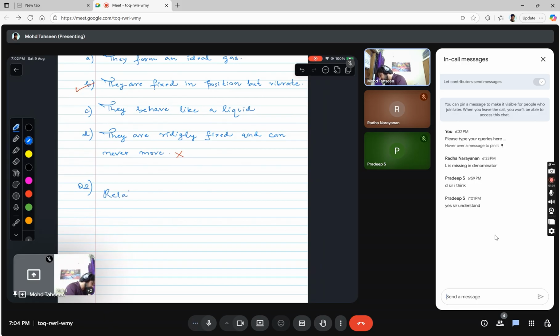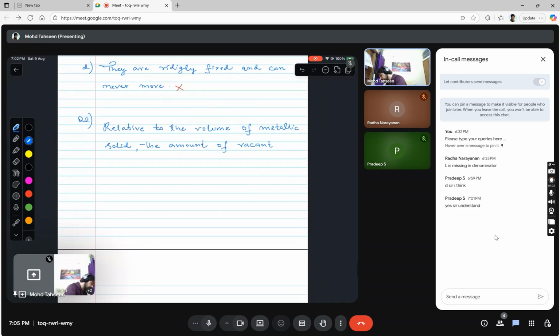So, relative to the volume of a metallic solid, the amount of vacant space within the solid is of the order of... Okay, this might be a little tougher to answer because I did not discuss it, but let's discuss it through this question.